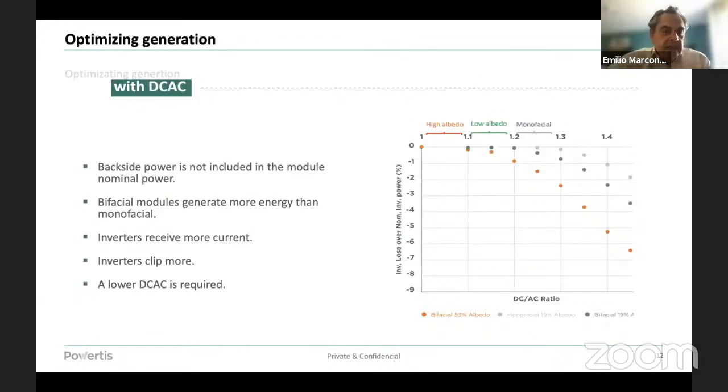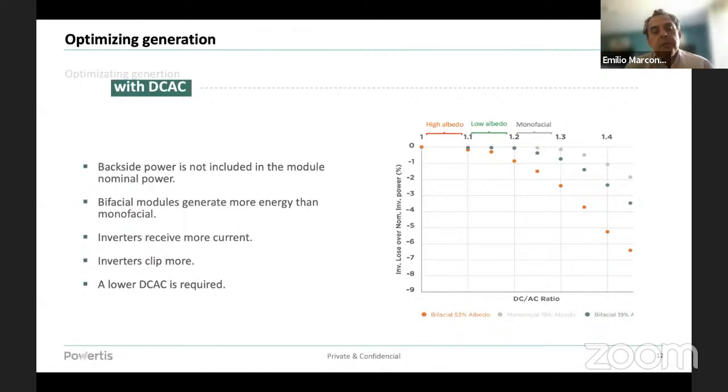Now the DC/AC ratio, again, we are talking about design. The way we approach projects is not about just maximizing the generation for the sake of maximizing. If you have a really high DC/AC, for sure your generation max is higher, but it's not always the right thing, because then yield will reduce as clipping will increase.